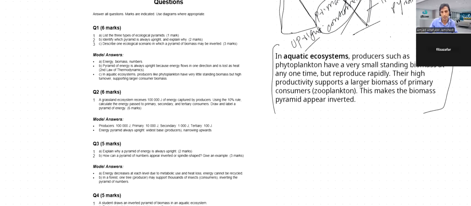What can we do with this six mark question? Have you ever done this before? Okay, but this chapter you have studied.